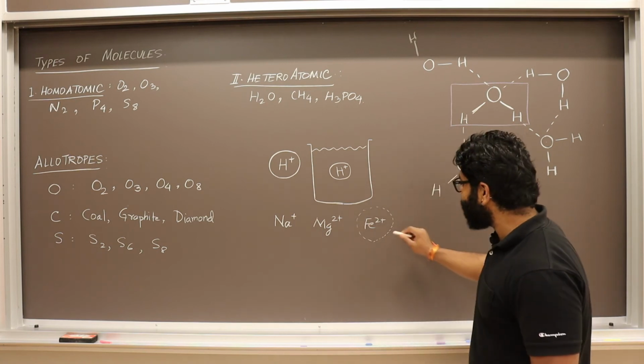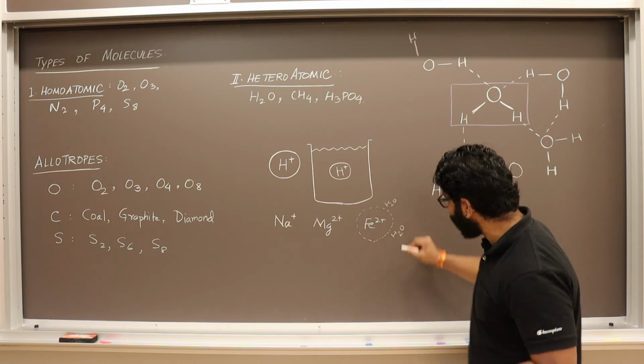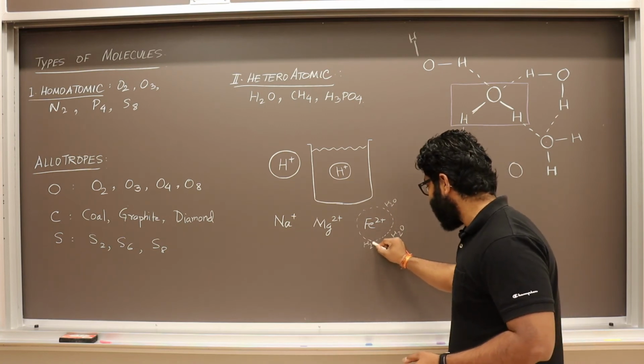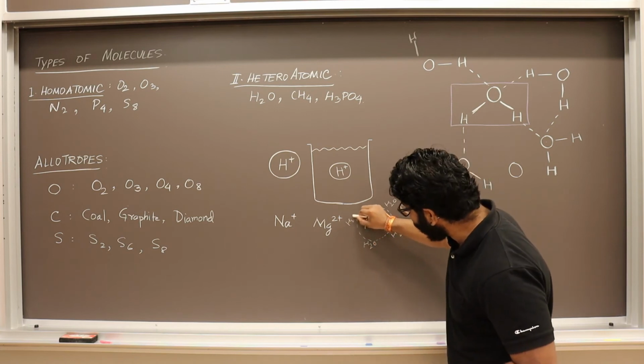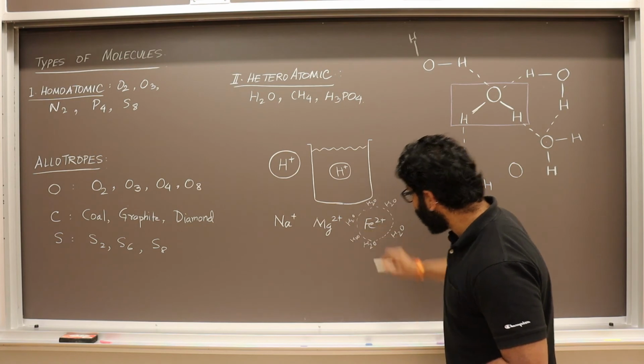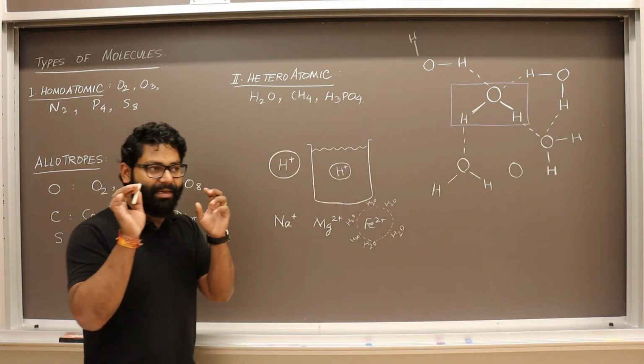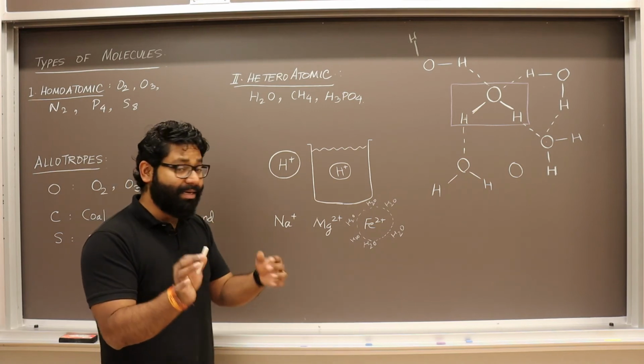So there is another H2O coming in from here, another H2O coming in from here, another H2O coming in from here. So basically Fe2+ doesn't actually exist in a solution.